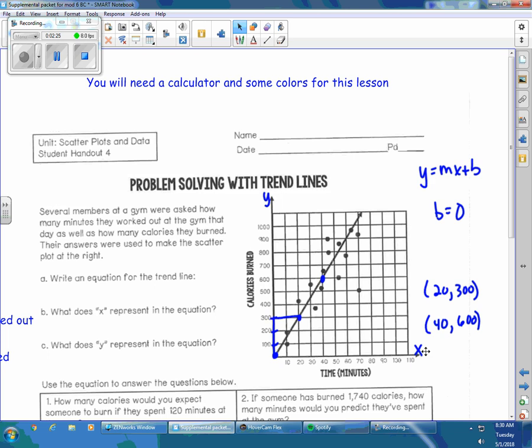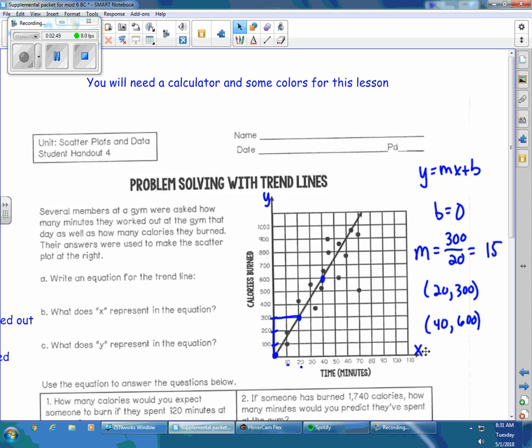So that would actually be 300 over, and then when I go to the right, it's counting by tens, 20. So 300 over 20 would be my slope here. If I reduce the slope, I could grab my calculator right now and do 300 divided by 20, and that's going to give me 15.